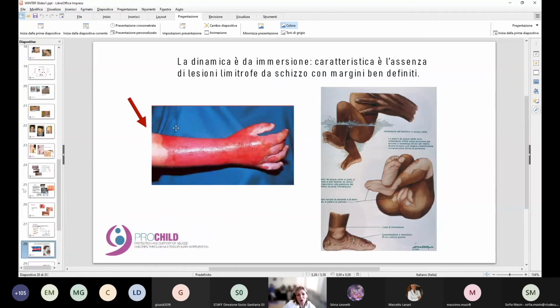This is the immersion burn. So it is usually a punishment. It can affect the upper limb or the lower ones.